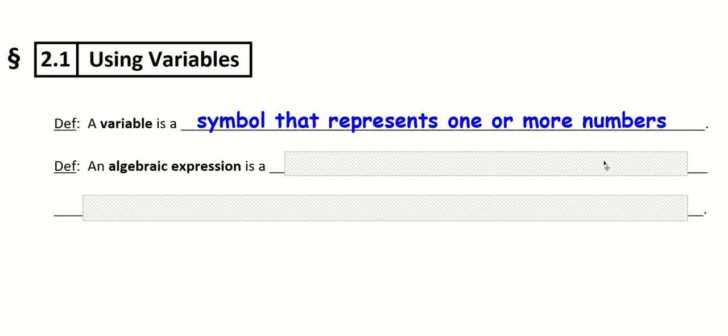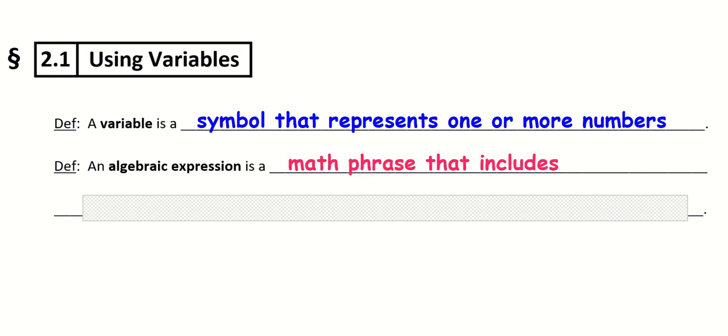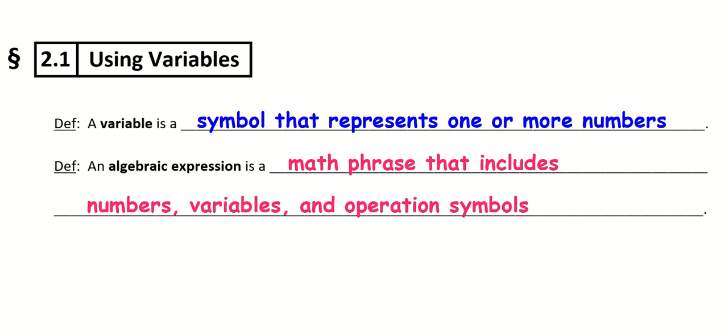It represents sometimes only one number, sometimes two numbers, sometimes all numbers, any number. And then an algebraic expression is just a math phrase that includes numbers, variables, and/or operation symbols.